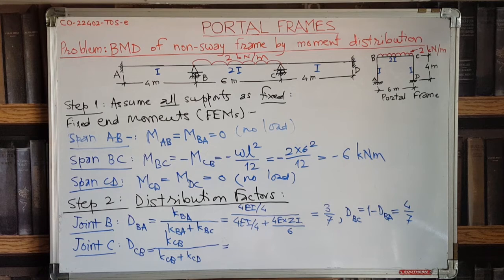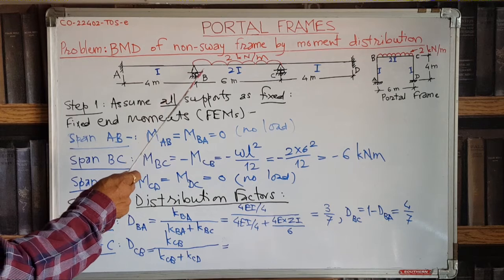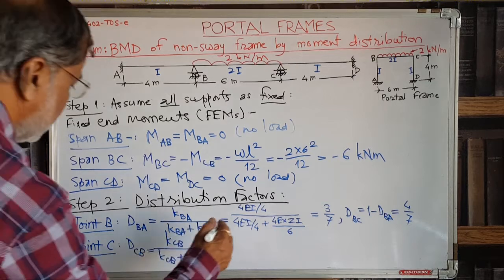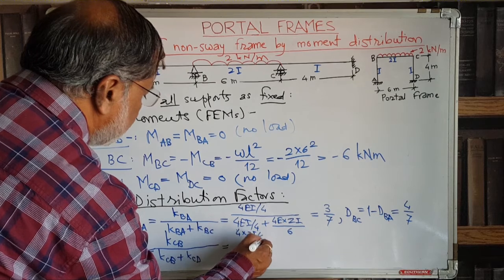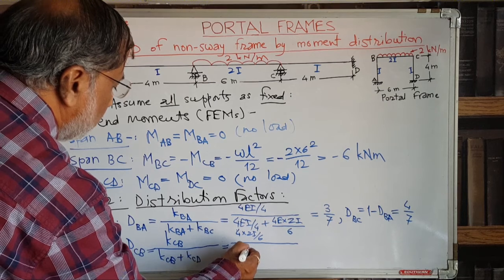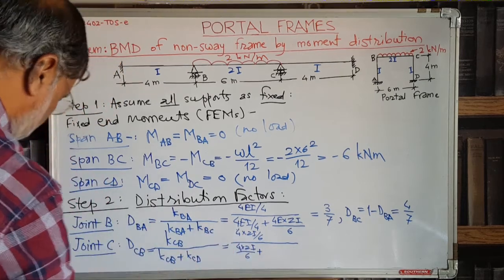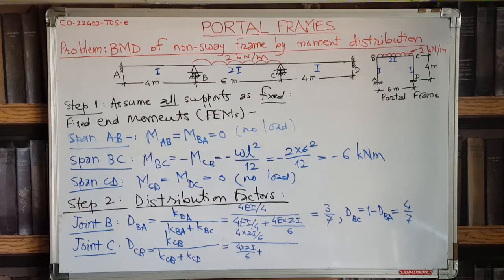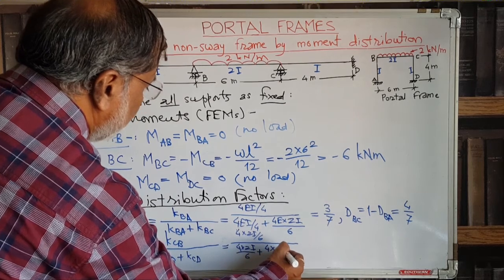Now look at KCB, this is a continuous support, so this is 4 into I upon L, so it is 4 into twice I upon 6, divided by 4 into twice I upon 6 plus, look at the other part CD, this end is fixed, so again the factor will be the same, it is 4 into EI.